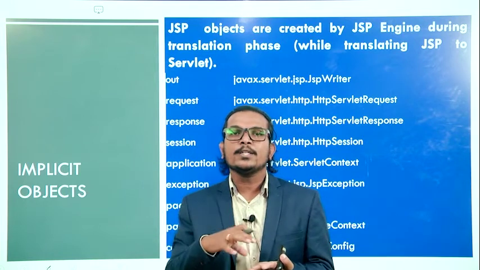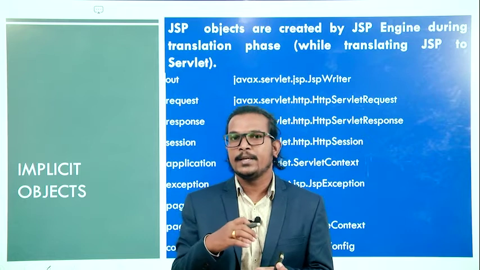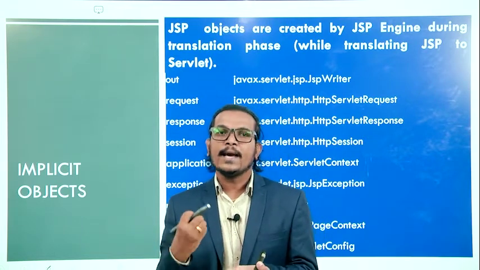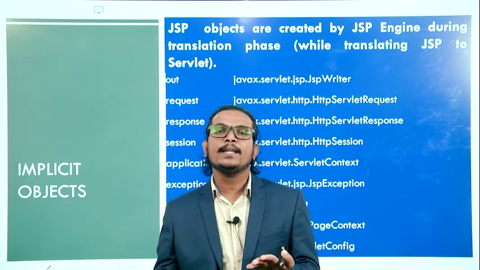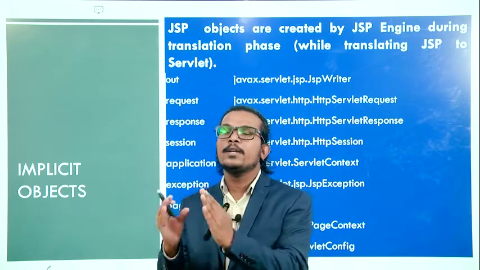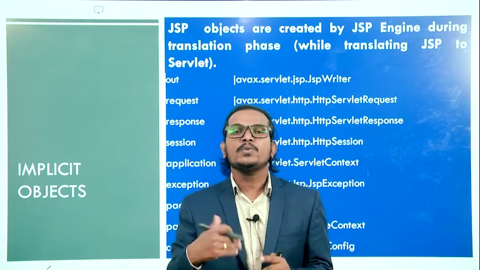Now in these particular elements, with the help of these tags, we take a piece of Java code and put that piece of Java code in the particular tag, based on your expression.